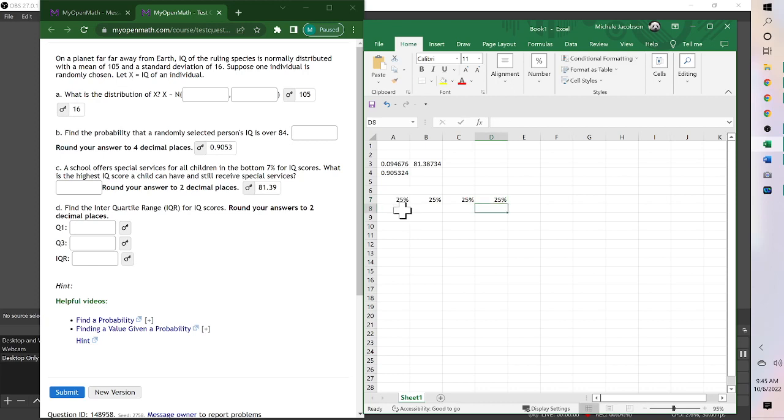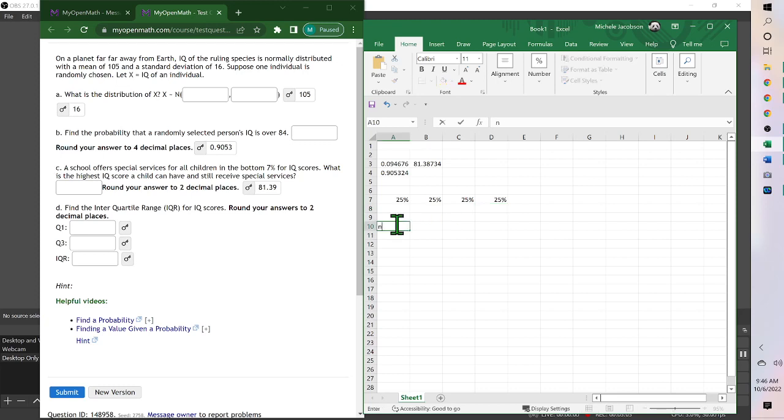So it breaks it into quarters. Right here is Q1. And then this is the median. And this is Q3. And this would be your largest value. And this is your smallest. So if we want to find Q1, that's right here. That means 25% of the data is below it.